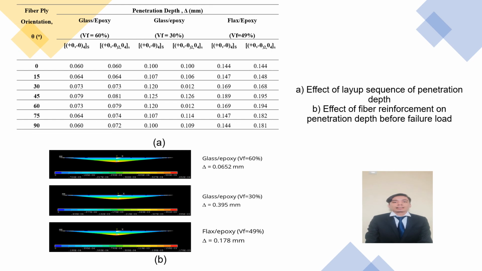Glass epoxy 60% has a penetration depth of 0.0652 millimeters. Glass epoxy with volume fraction 30% is 0.395 millimeters and flax epoxy is 0.178 millimeters.